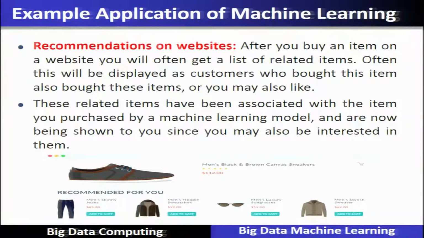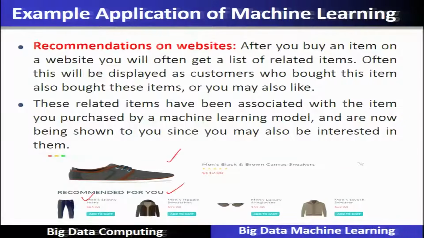For example, when you purchase an item, let us say a shoe, you are also shown recommended items, maybe based on your past purchases, or on what other customers who purchased this item also purchased. Based on that, these recommendations are made.